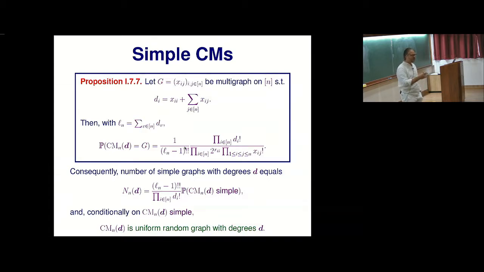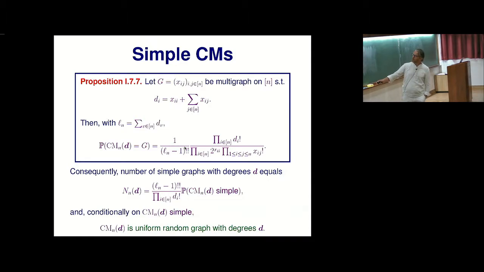Now, in terms of Peter's talks, this is a simulation or a sampling strategy. If, of course, the probability of being simple would be vanishingly small, this would never work. So we'll return to that question, but this is certainly a sampling procedure. But turning that question around, it also means that you can actually compute what the number of simple graphs is just from this configuration model, namely the total number of simple graphs with a given degree distribution is this sort of trivial factor times the probability that the configuration model is simple.